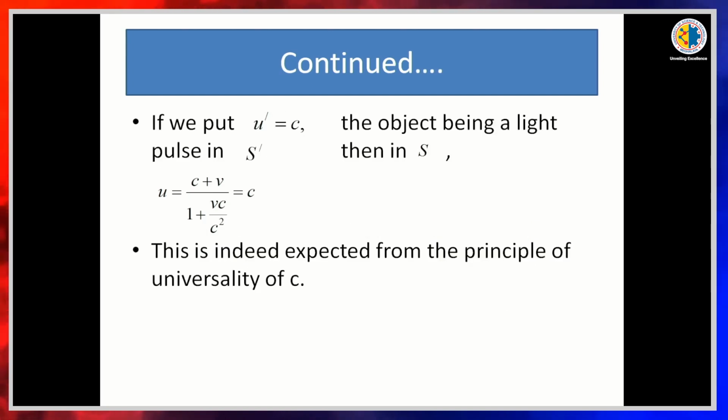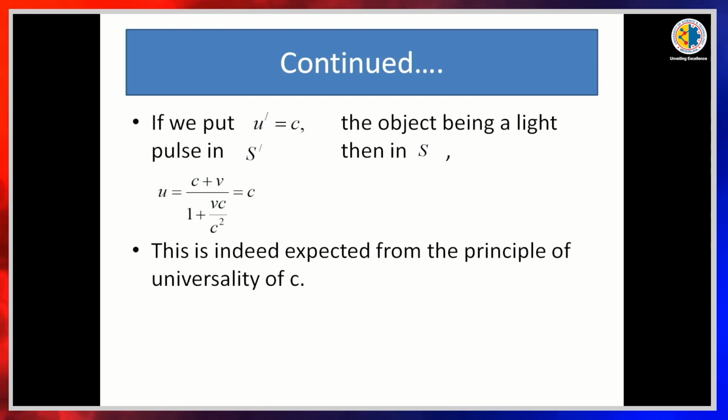We can apply this formula in the case of a light particle. If we put u dash equal to c, where c means the speed of light, then we get u is equal to c plus v divided by 1 plus v c by c square. Simplifying, we get c. So the velocity of the particle is the light velocity.